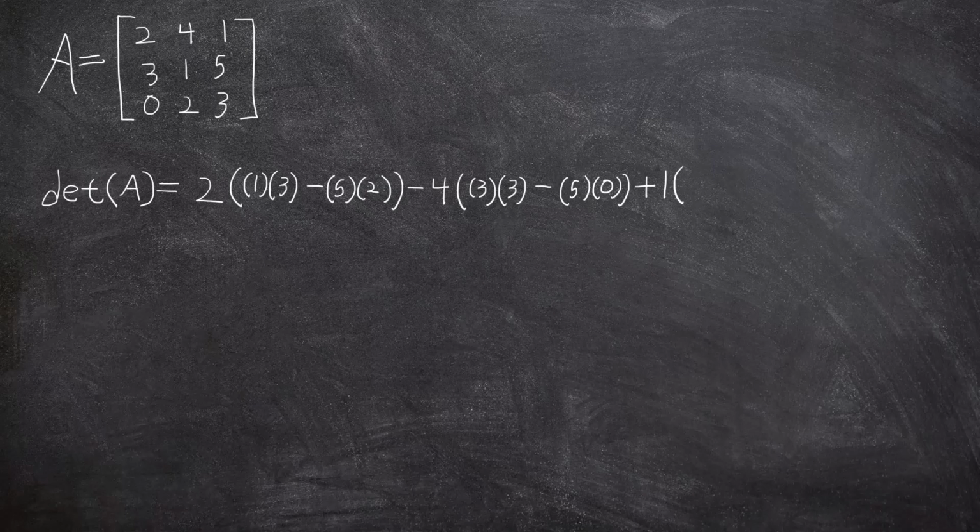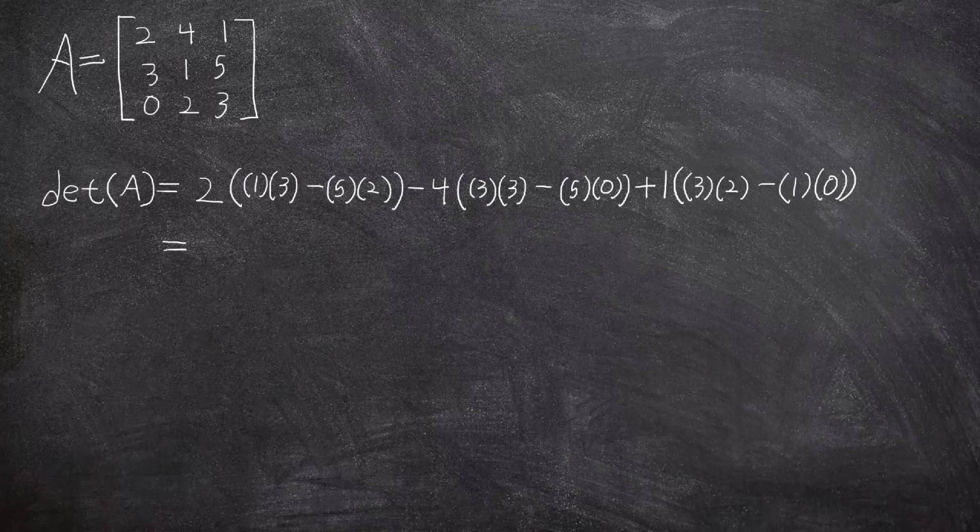Now we focus on 1. Okay, I could have drawn that a bit better. How about this? 3, 1, 0, and 2. So it would be 3 times 2 minus 1 times 0. Let's perform our calculations. Like previously, I plugged these into a calculator beforehand. Evaluating this first term, it goes to negative 14.